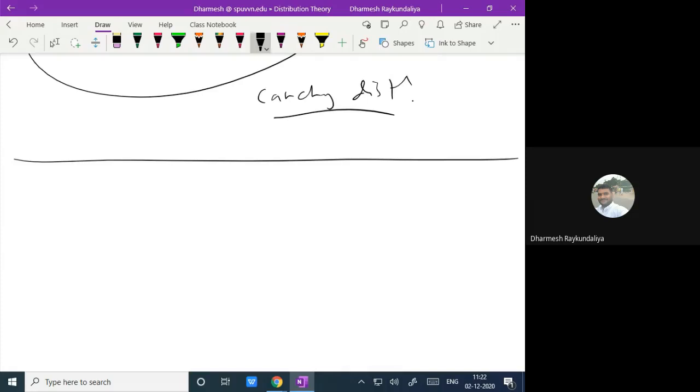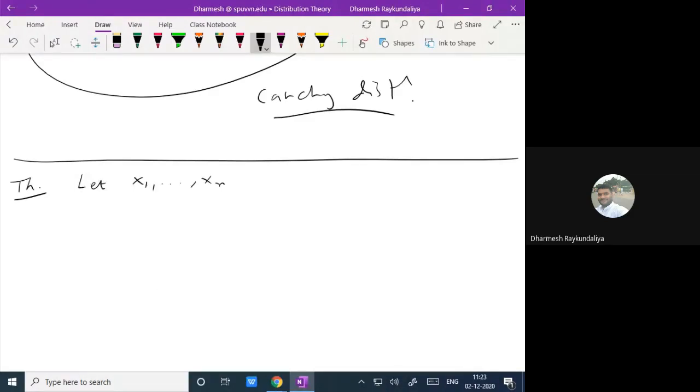But suppose we have more variables, then we have to obtain the Jacobian of several variables. So let me introduce one theorem without proof.